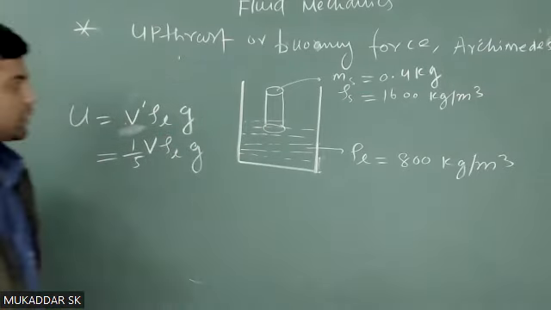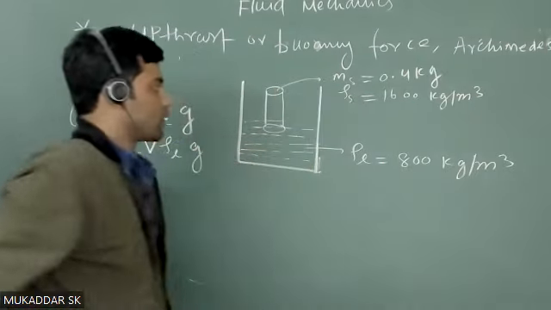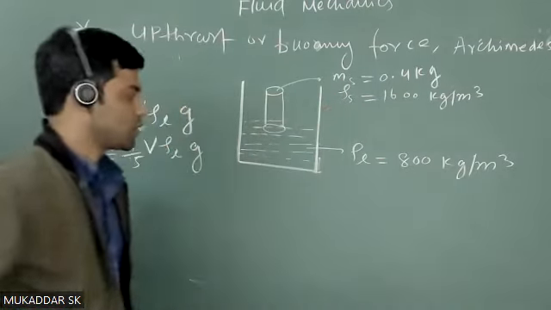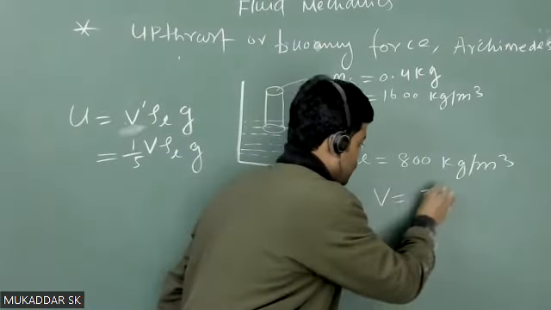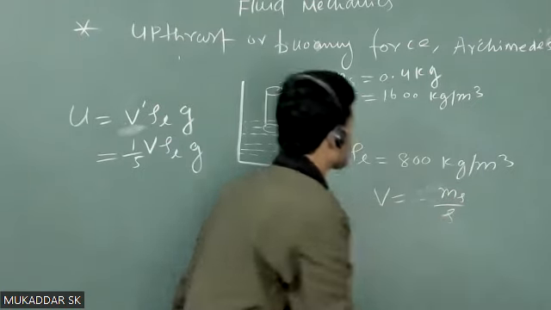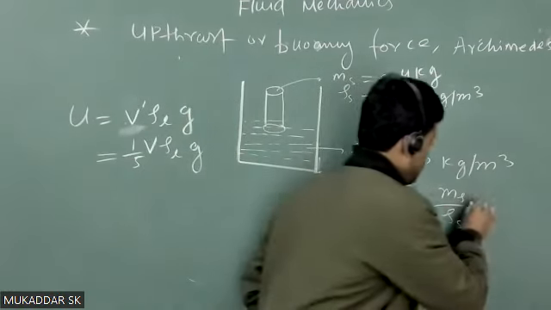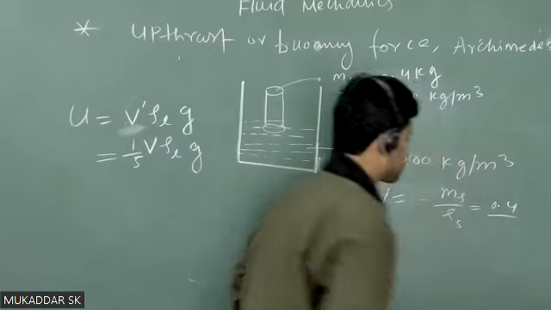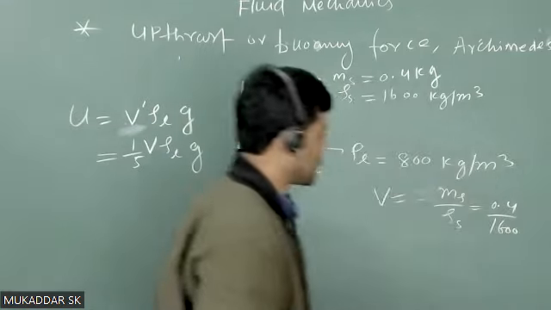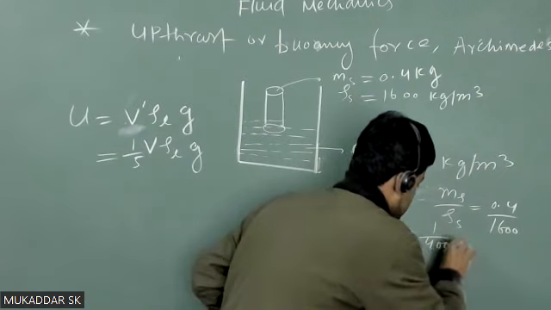So first of all, they didn't give you the volume of cylinder, but they have given the mass and density of cylinder. I can calculate the volume of this cylinder from these parameters itself, because I know volume is nothing but mass of cylinder divided by density of cylinder, and mass is given, that is 0.4 divided by 1600. So if you calculate, I'll get 1 by 4000.